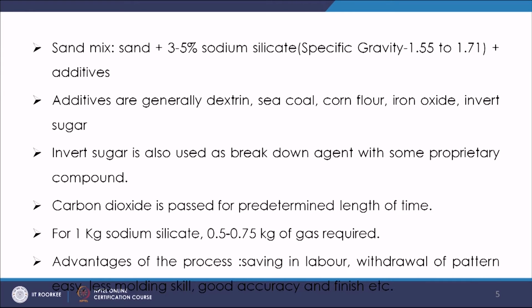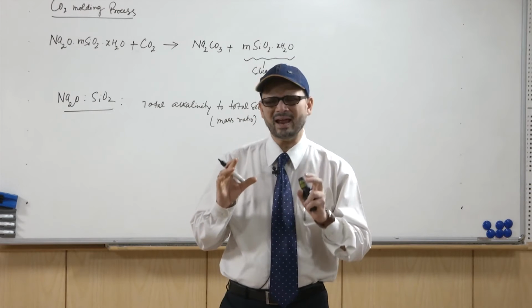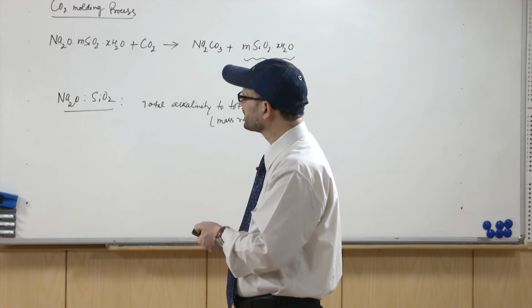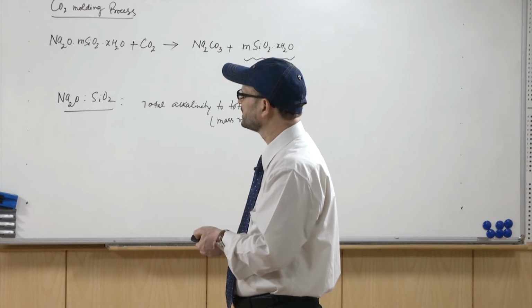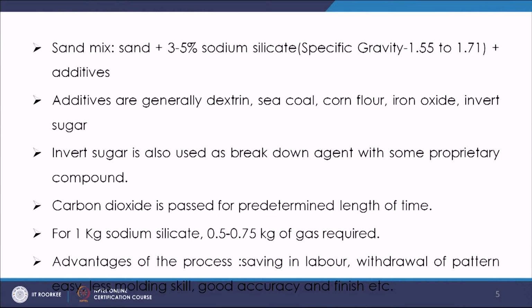On average, 1 kg of sodium silicate requires 0.5 to 0.75 kg of gas. So, once you know the amount of sodium silicate, you know how much gas is required to be blown in, and that much gas can be allowed to pass through the mold by placing the nozzles at different locations.